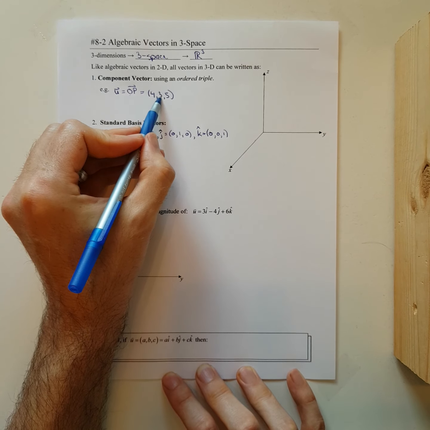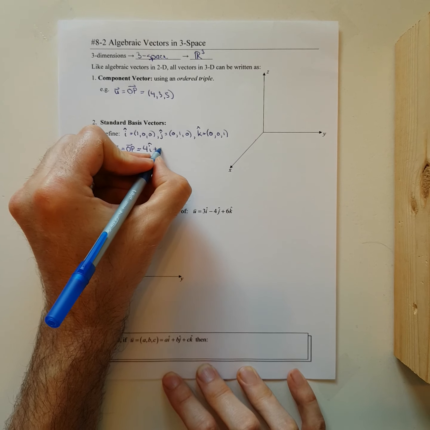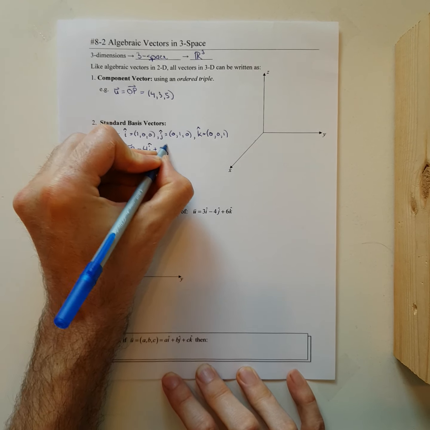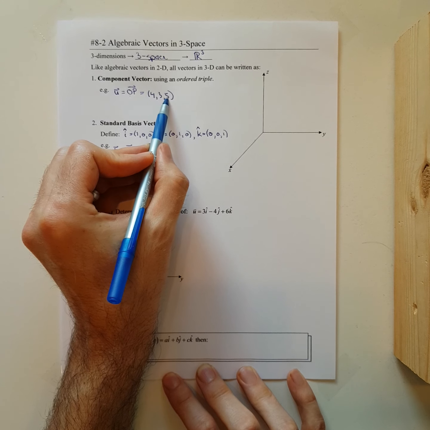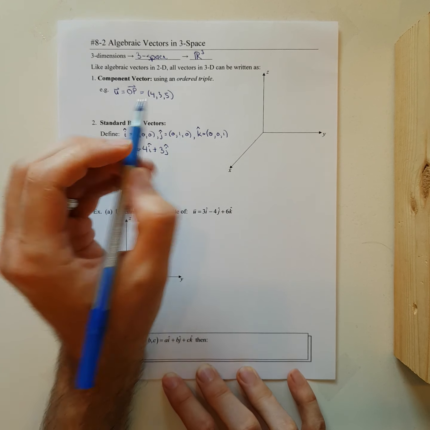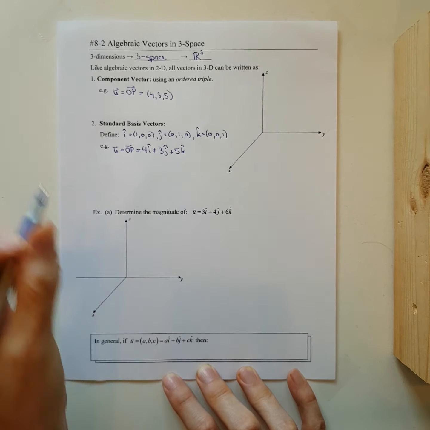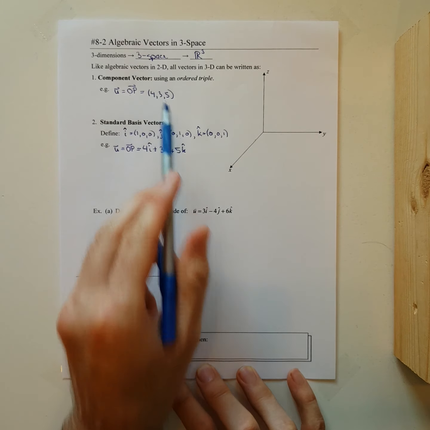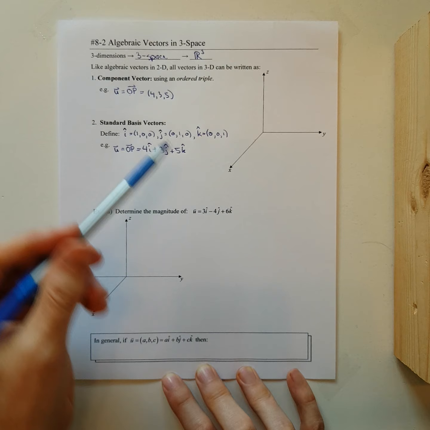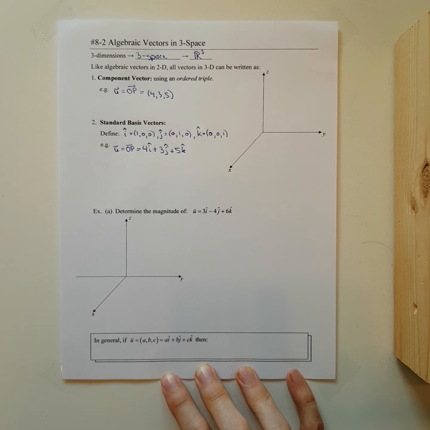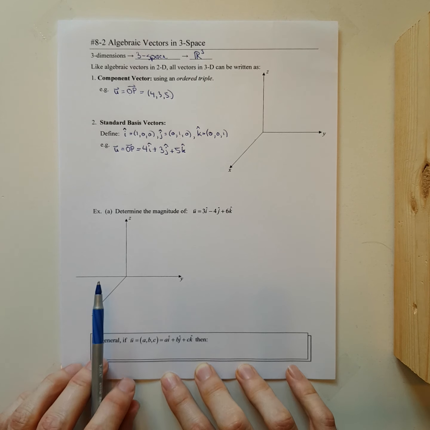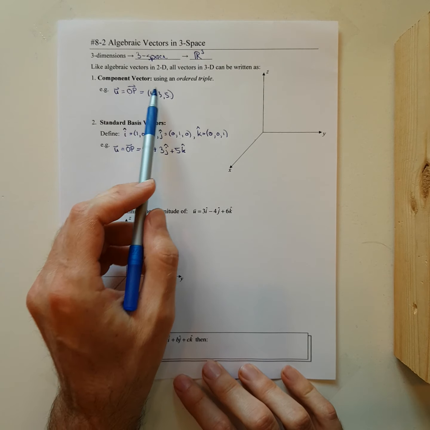If I'm moving 3 units in the y direction, then I would need 3 j's, and if I'm moving 5 units in the z direction, then I would need 5 k's. So using our standard basis vectors, we can write this in the same way that we did in 2 dimensions. We just have this added piece on the end. Again, if you've watched the video on graphing in 3 dimensions, this shouldn't be a surprise.